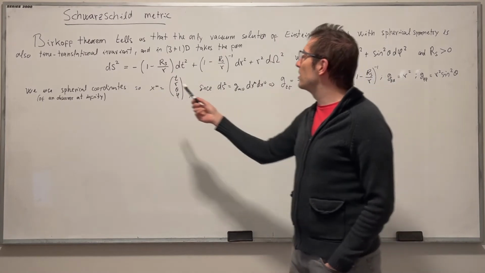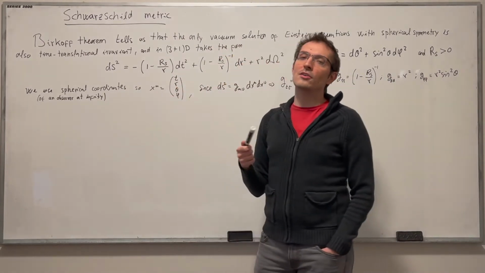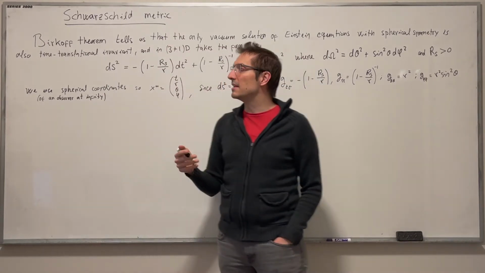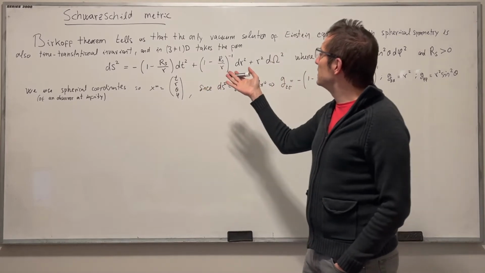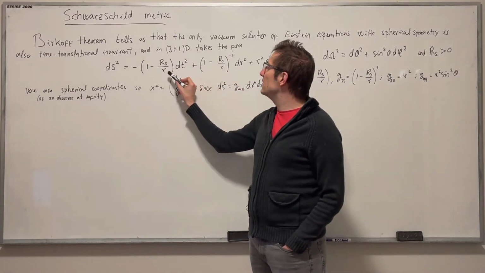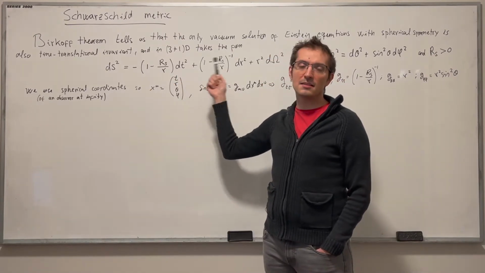Now, we're using spherical coordinates for observers at infinity. Why do I say observers at infinity, and what do I mean by that? Notice that this spacetime is asymptotically flat. What does that mean? At r going to infinity, this metric becomes the metric of Minkowski spacetime, the flat metric.